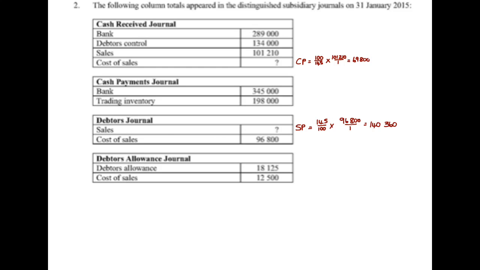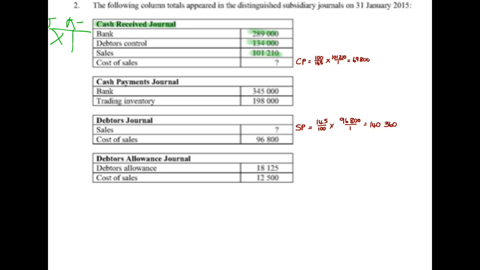Now let's talk about the posting. The first thing that I will post is the cash receipts journal. I have bank, debtors control and sales. Now bank, if I can decide what happens to bank, then I know that debtors control and sales will be the opposite. So bank, which is known as an asset account, needs to increase, and it increases on the debit side.